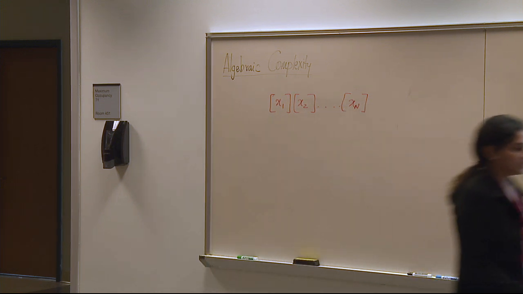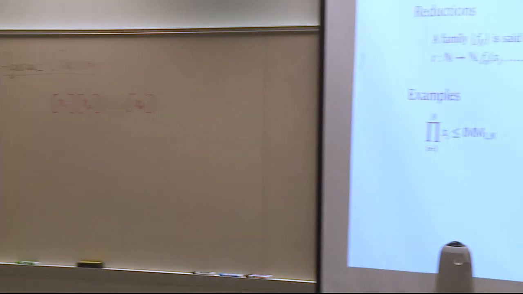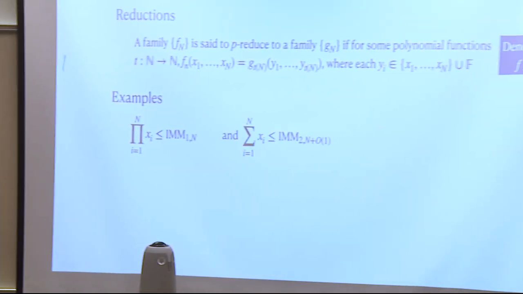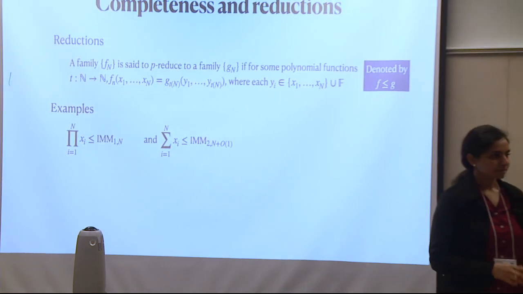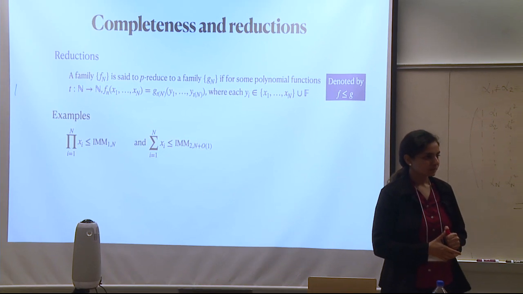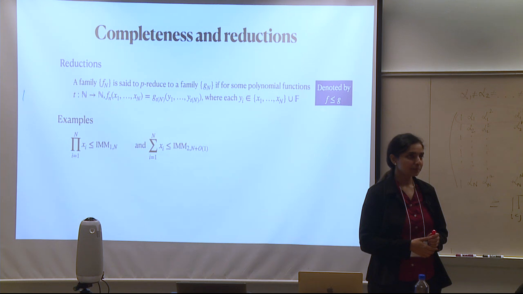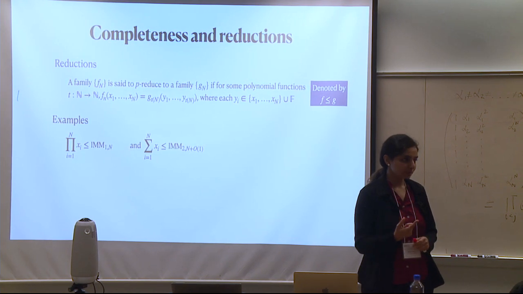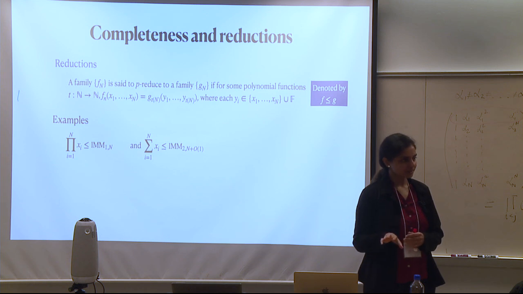Slightly more interestingly, here, instead of taking yi to be just a variable, what if we allow yi to be a linear combination of the xi? That's fine, but the reduction becomes more complicated. People have studied such reductions, which are linear forms instead of projections.